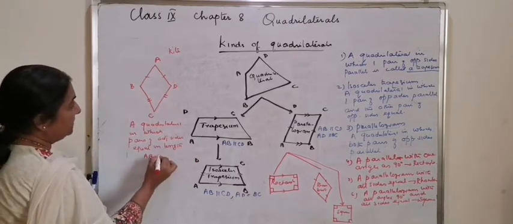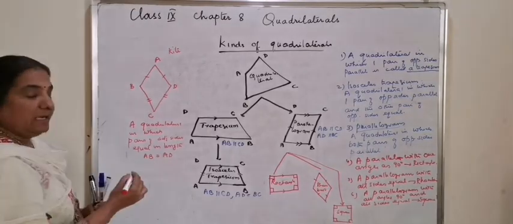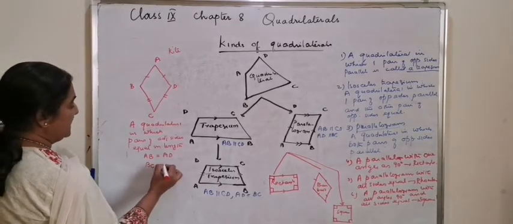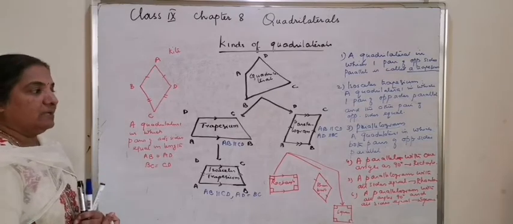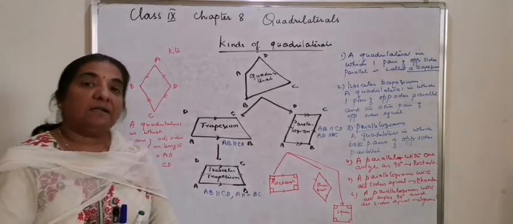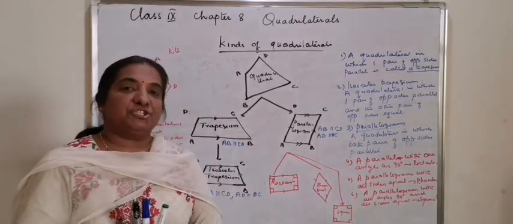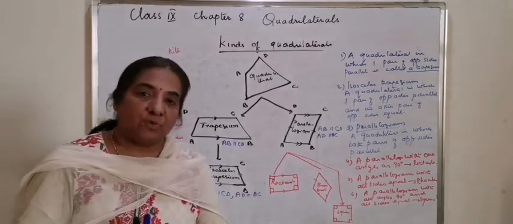That means in the figure, AB and AD are equal in length and BC and CD are equal in length. These are the basic definitions of the different kinds of quadrilateral.